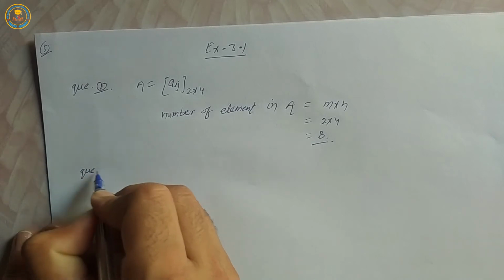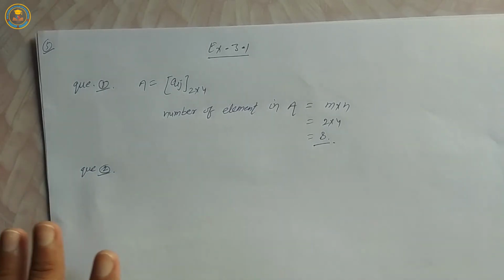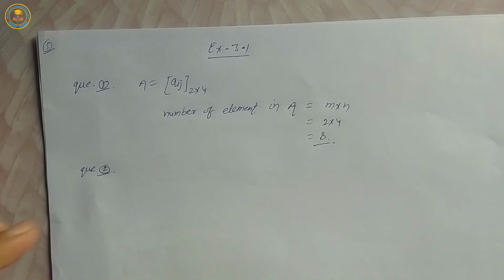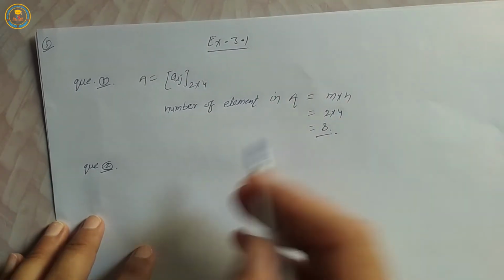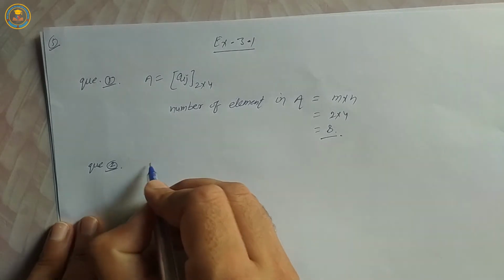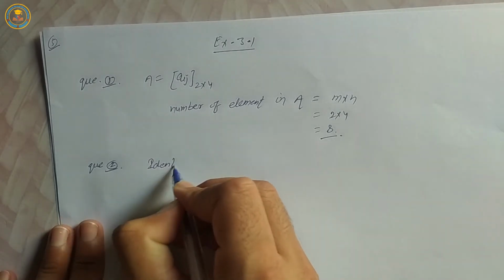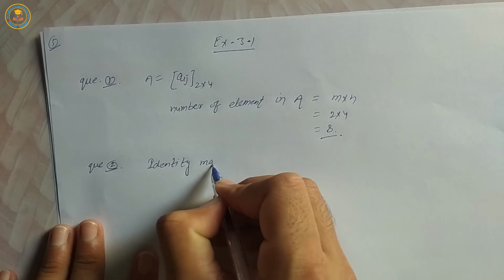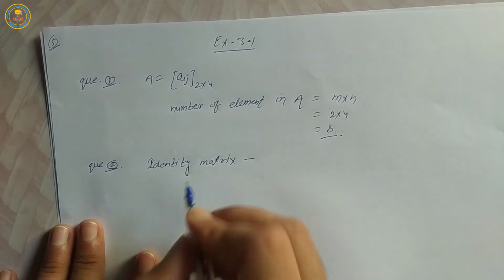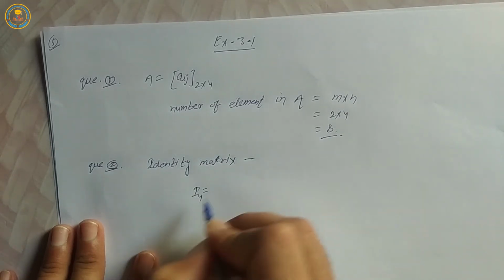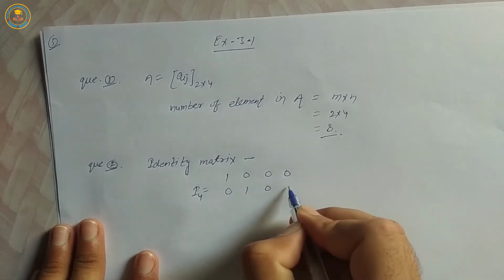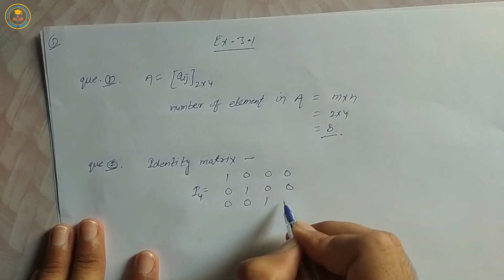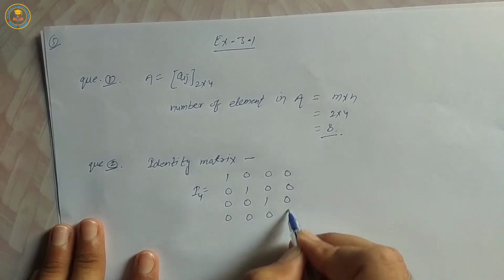Next, question 2. Write an identity matrix of order 4 by 4. Identity matrix I4 is equal to 1 0 0 0, 0 1 0 0, 0 0 1 0, 0 0 0 1.